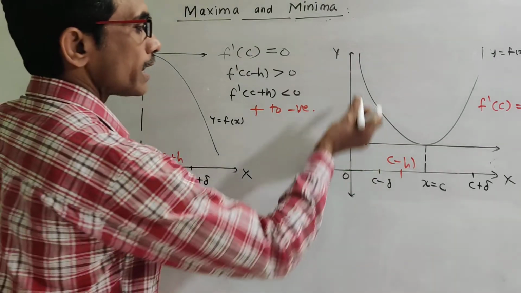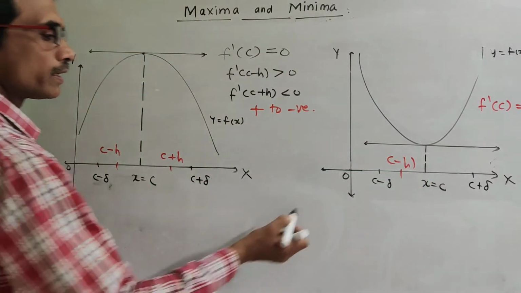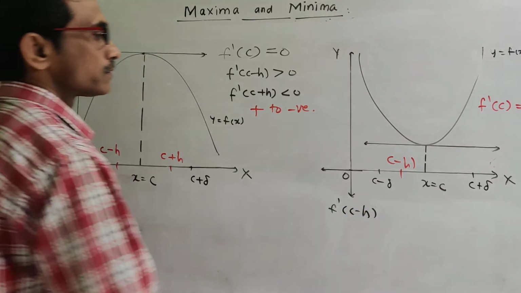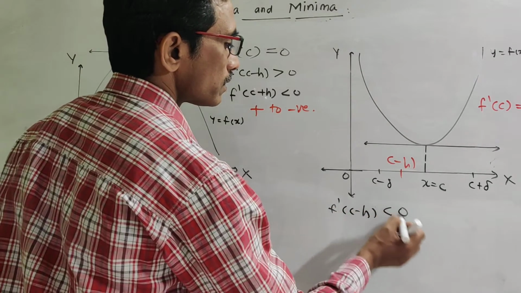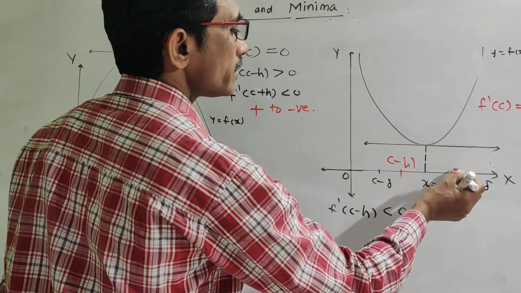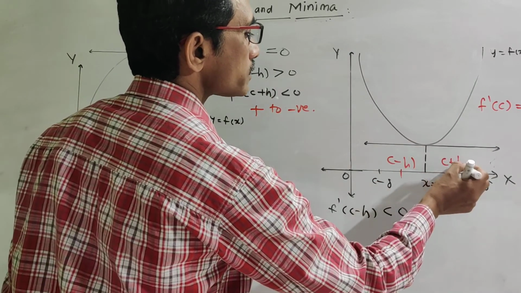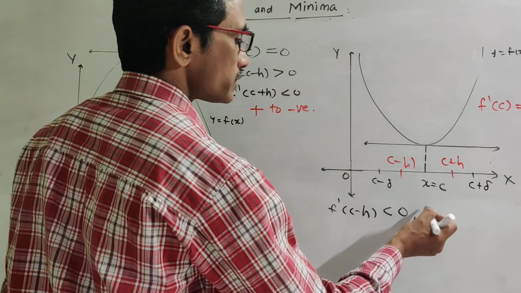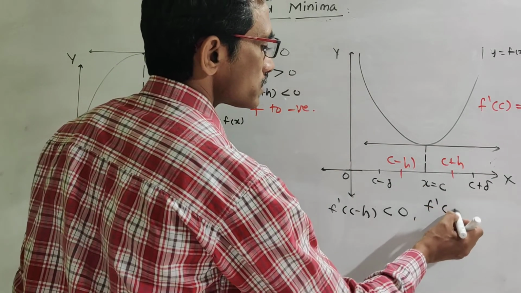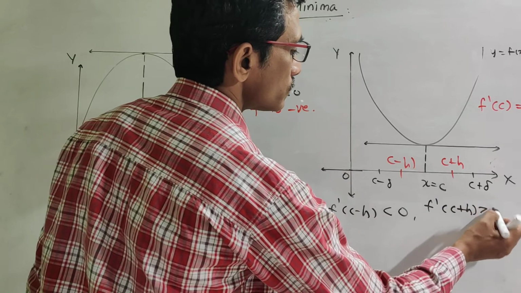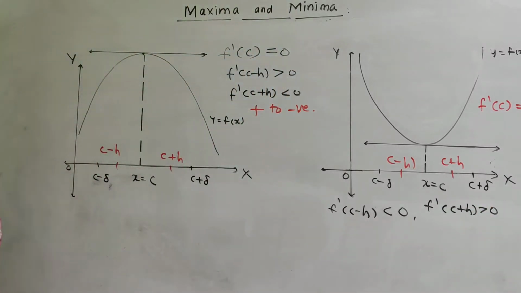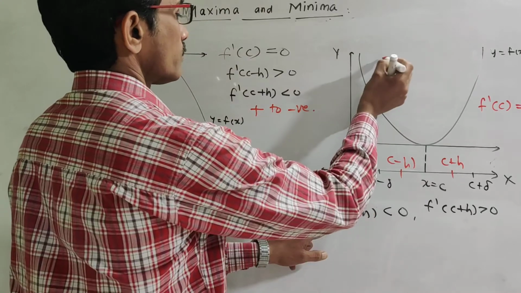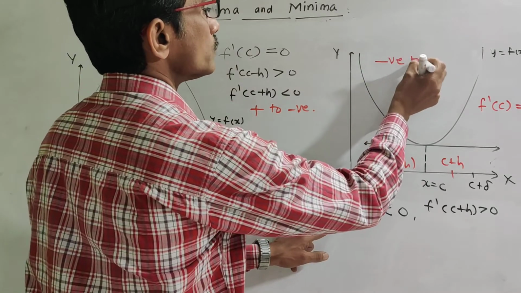That means as the function is decreasing over here, f dash of c minus h is negative, and here the function is increasing at c plus h, so f dash of c plus h is positive, greater than 0. That means we can say here the first order derivative changes sign from negative to positive.